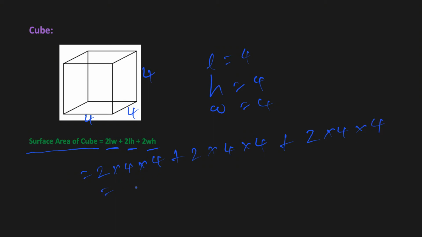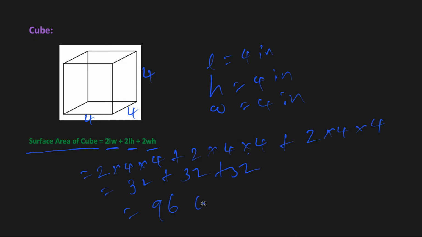So this is nothing but 32 plus 32 plus 32, and this is 96. So the surface area of the cube is 96. If, let's say, all of this were in inches, so this would be 96 inch cube.